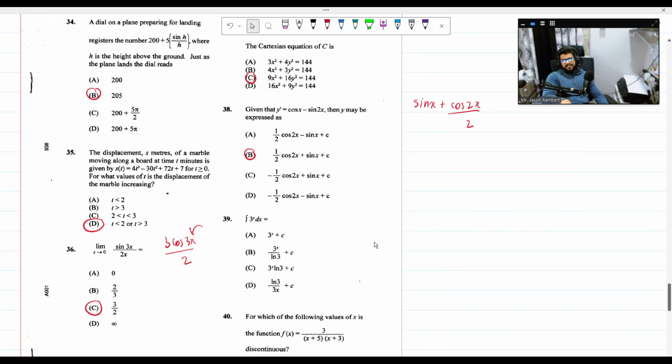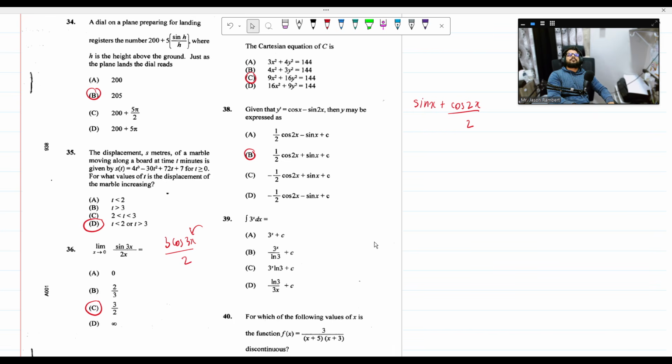The integral of 3 to the power x dx. This is not on your syllabus. Why do they bring this? All right, so when we integrate exponential functions, right?